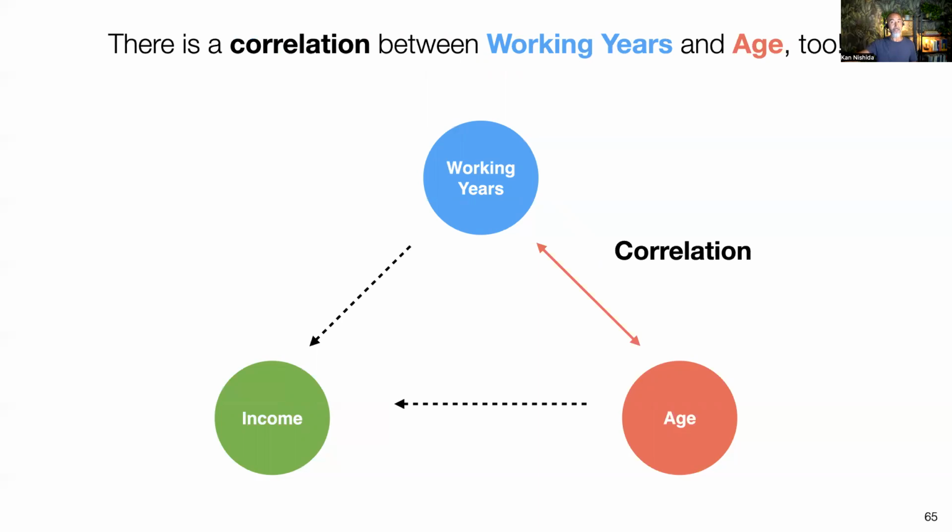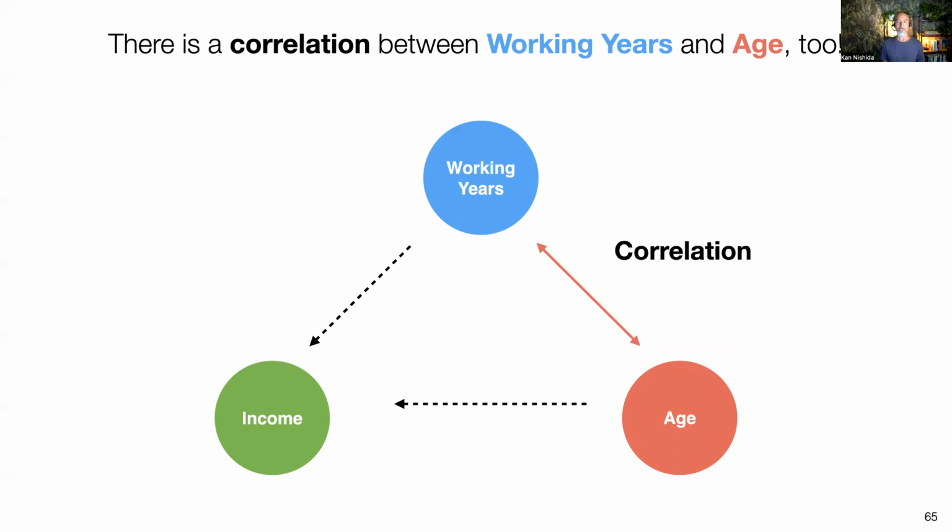By the way, in this data these two are correlated but not really the same, because some people join this company when they are 40 years old or something like that. So the working years can be 5 years but the salary can be very high compared to age. Still, there's some relationship between working years and age.